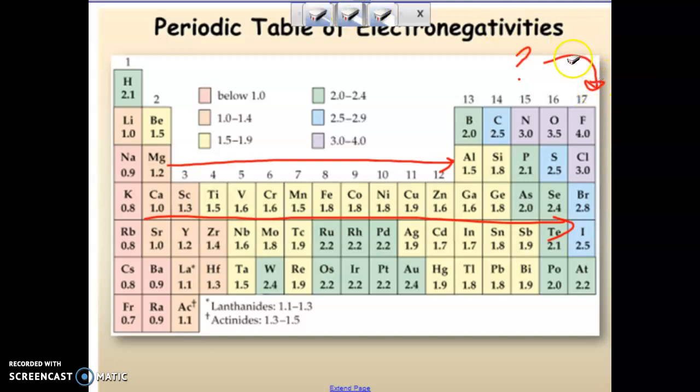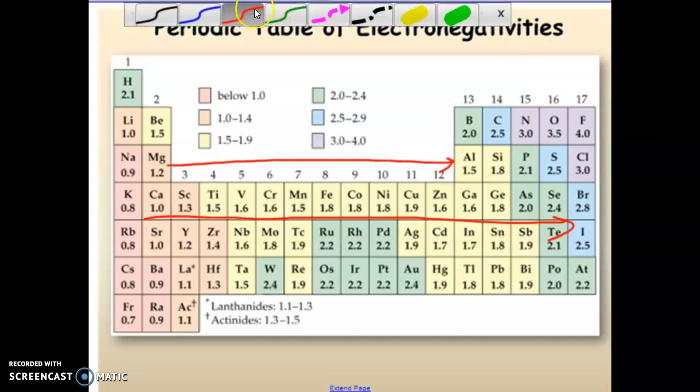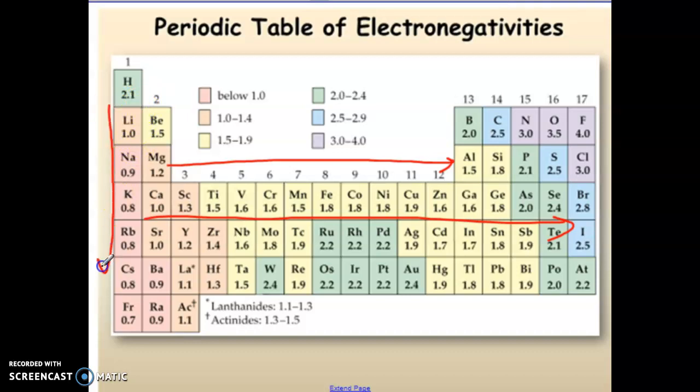So when we're looking at this trend, it's similar to electron affinity. We pretty much just ignore the noble gases because they're not going to be making bonds. Okay? And of course, as you go down a group, the electronegativity tends to decrease. So again, you're going to see some exceptions when you look at these values. But in general, that trend tends to be true.